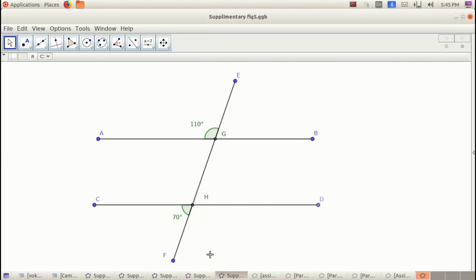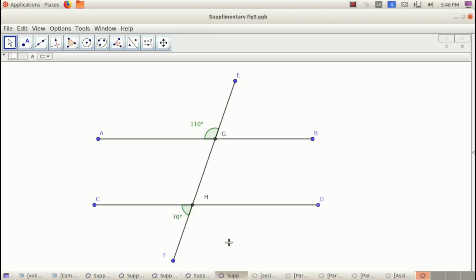Listen here. AGE is 110 measurement and CHF is 70 measurement. And these two are also co-exterior angles. These two are outside the parallel lines and on the same side of the crossing line. Then we got the idea.